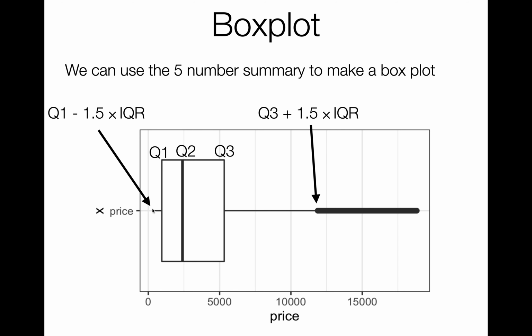That's because this left-hand point is the lowest point in the data, so in this case it goes to the minimum. However, up here, the whisker goes all the way out to Q3 plus 1.5 times the IQR, and then anything above that, which there are a lot of here, are actual points.